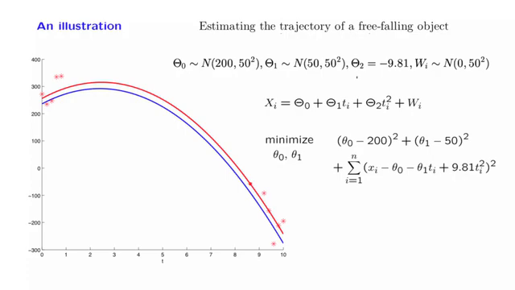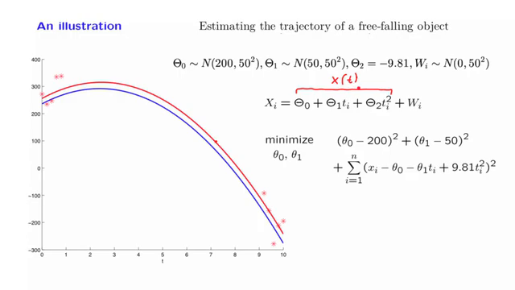Here is how it goes. As we discussed before, the posterior distribution of the thetas given the data is normal. And for similar reasons, the posterior distribution of this quantity, which is the true position, what we denoted by x of t, is also normal. And in fact, what we obtain from this diagram is, at any given point, the maximum a posteriori probability estimate of the position x of t at that time.